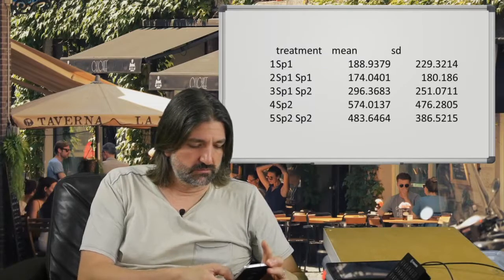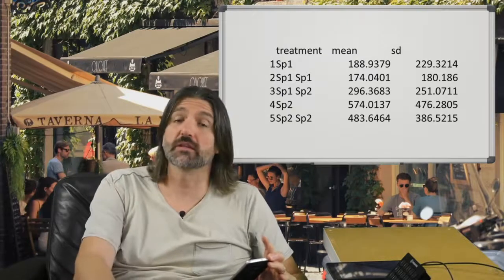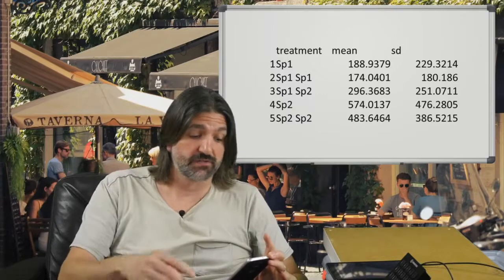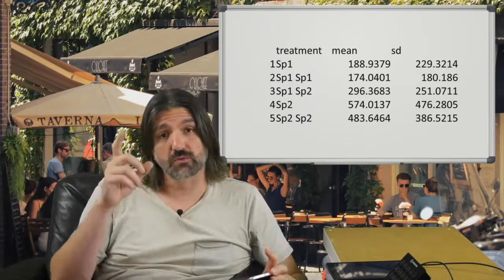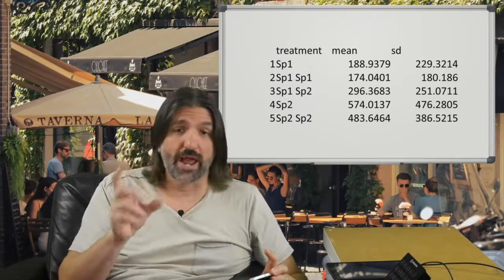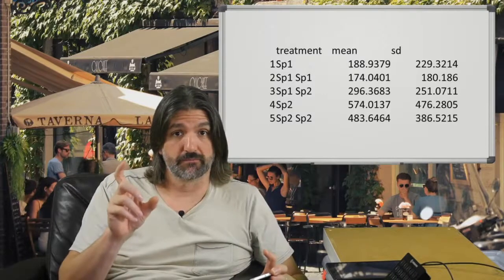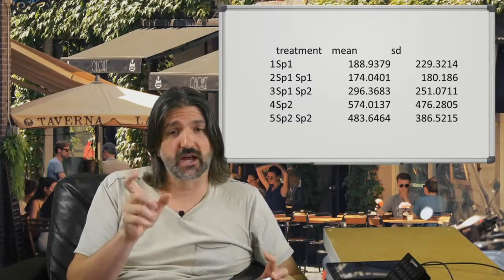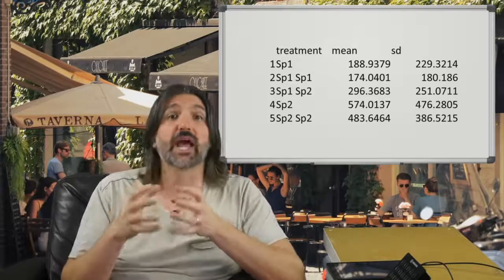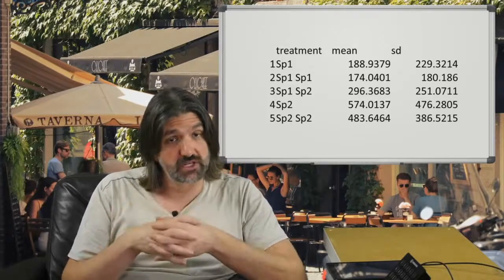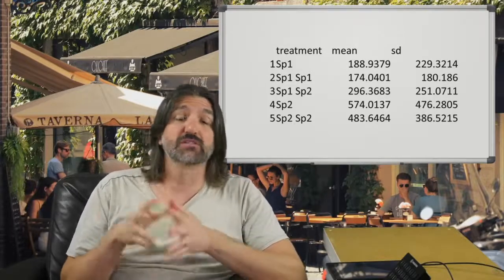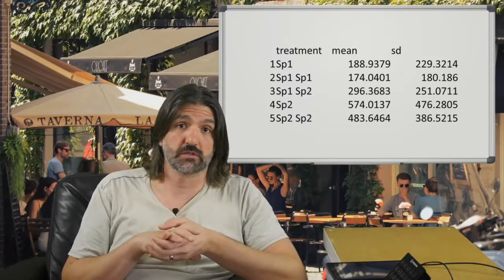And yes, it could mean that there's variation between different lab groups, and that's where our random variable comes into play. If that random variable can explain a lot of the variation in the results, if that's significant, then that means there's a lot of variation between groups.